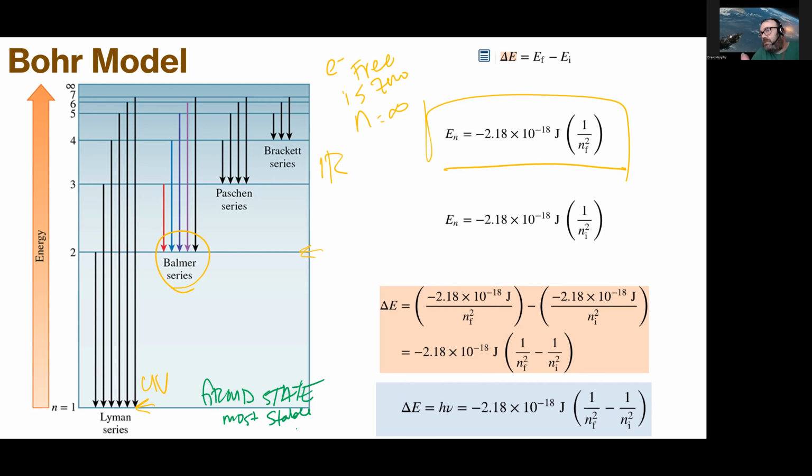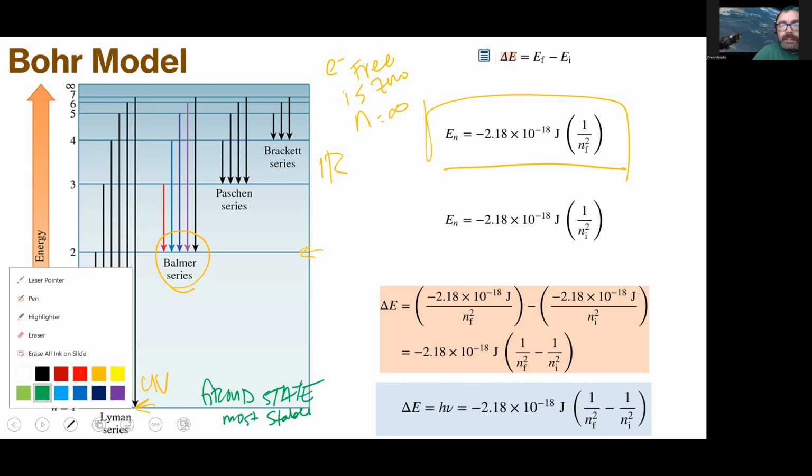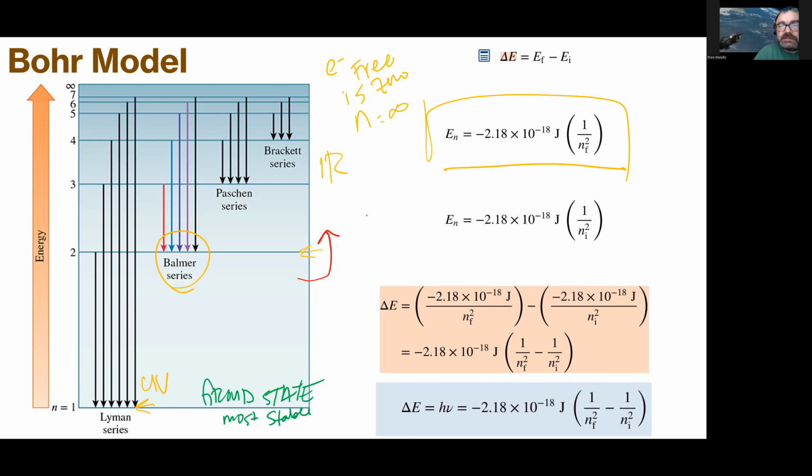And this is a negative charge, so the lowest energy situation is going to be closer to the positively charged nucleus. Anything that has an n that's greater than 1, so all of these guys are excited states. Okay, and so the excited states have more energy, and so they're excited.